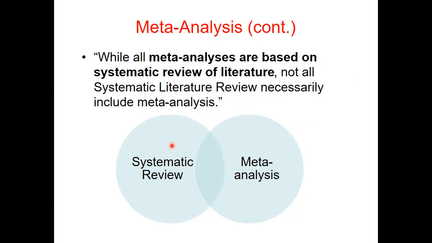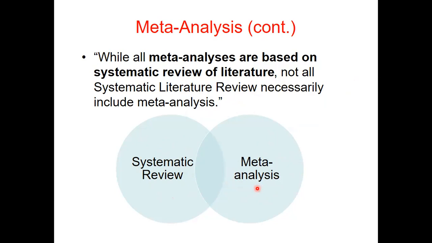Because you can just do a systematic literature review and then publish your paper based on what we have discussed, or you can extend your systematic literature review into meta-analysis and publish your paper. Or you can just start with meta-analysis, but actually using systematic literature review methodology, which we have discussed there.